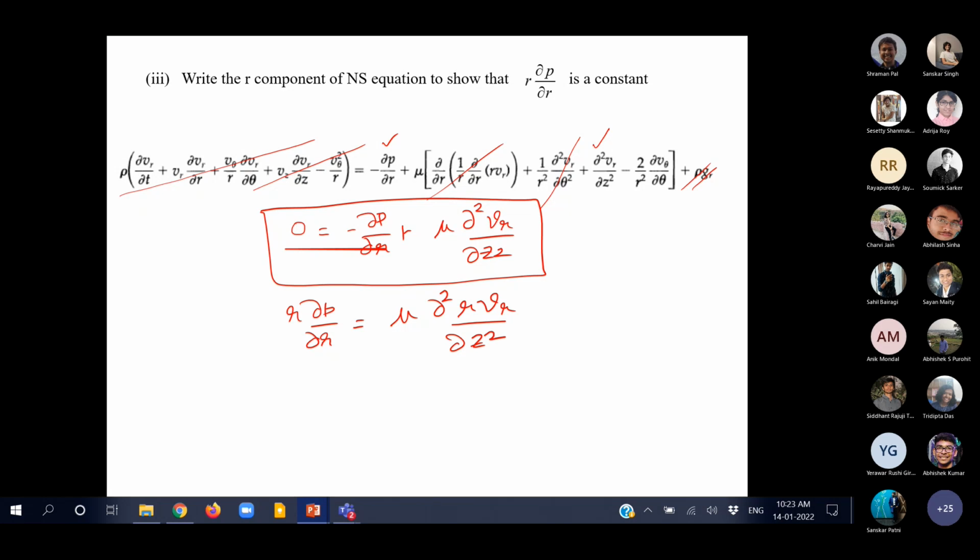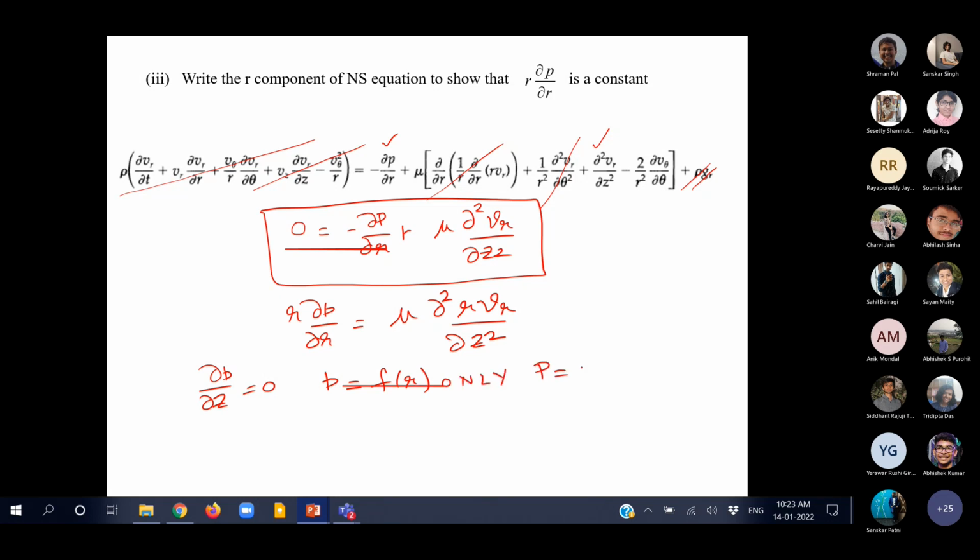From the Z component of equation of motion, we know that del P by del Z would be equal to 0. As I mentioned, since the gap is too small, the pressure doesn't vary at all in the Z direction. So therefore P is a function of R only.